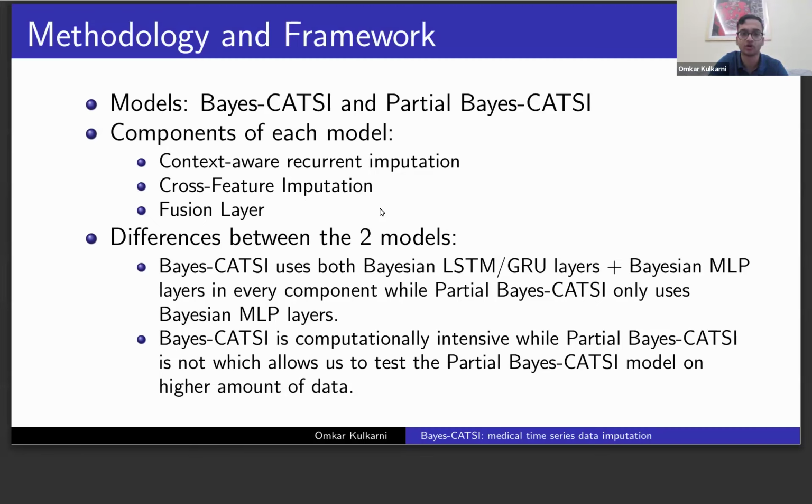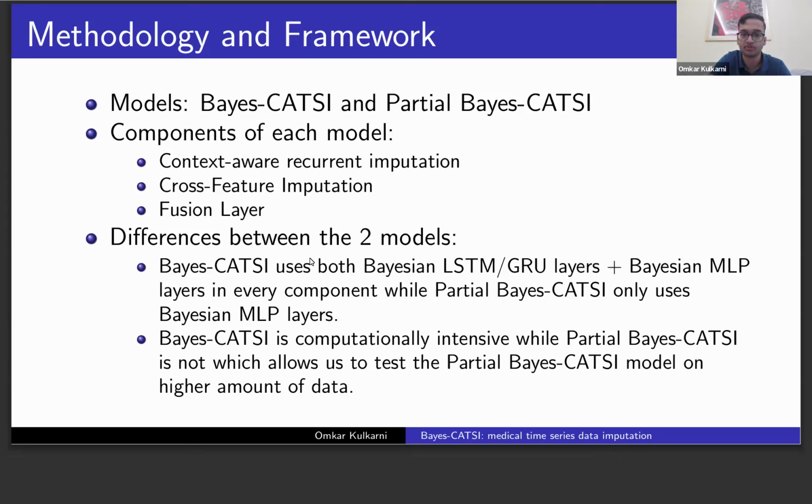The difference between the two models is that Bayes-CATSI uses both Bayesian LSTM and Bayesian GRU layers along with Bayesian MLP layers, while partial Bayes-CATSI only uses Bayesian MLP layers.